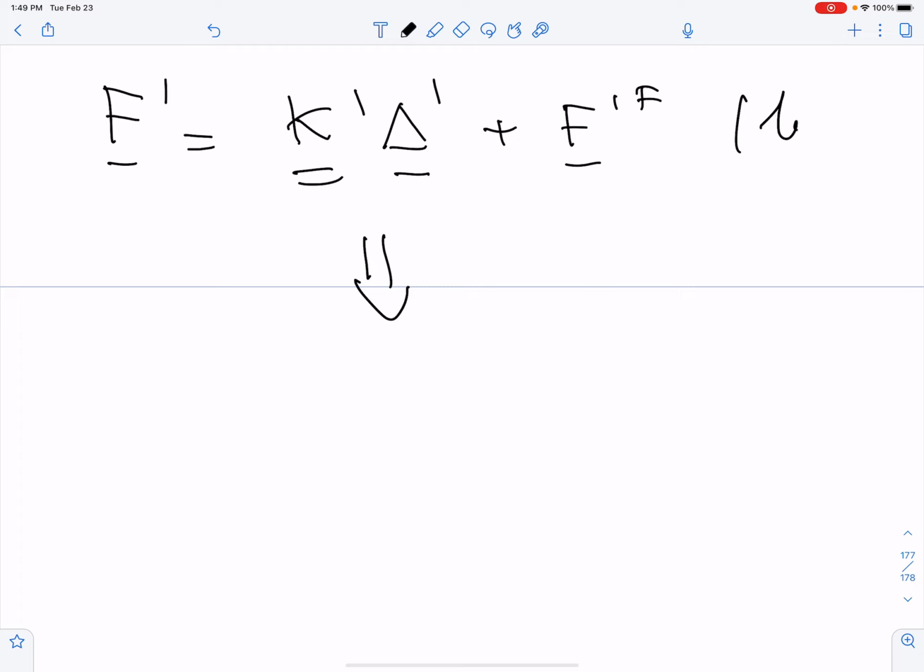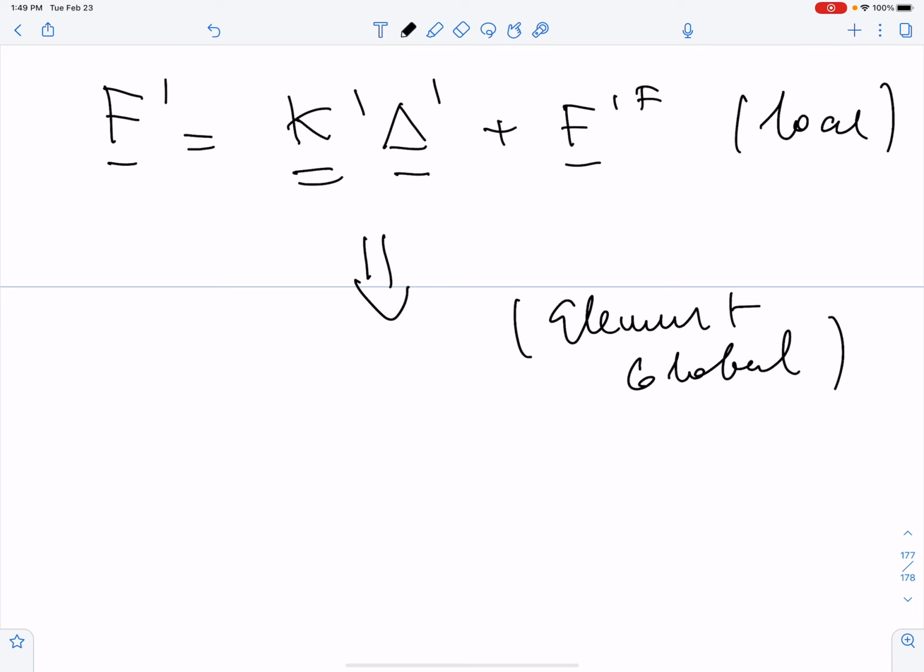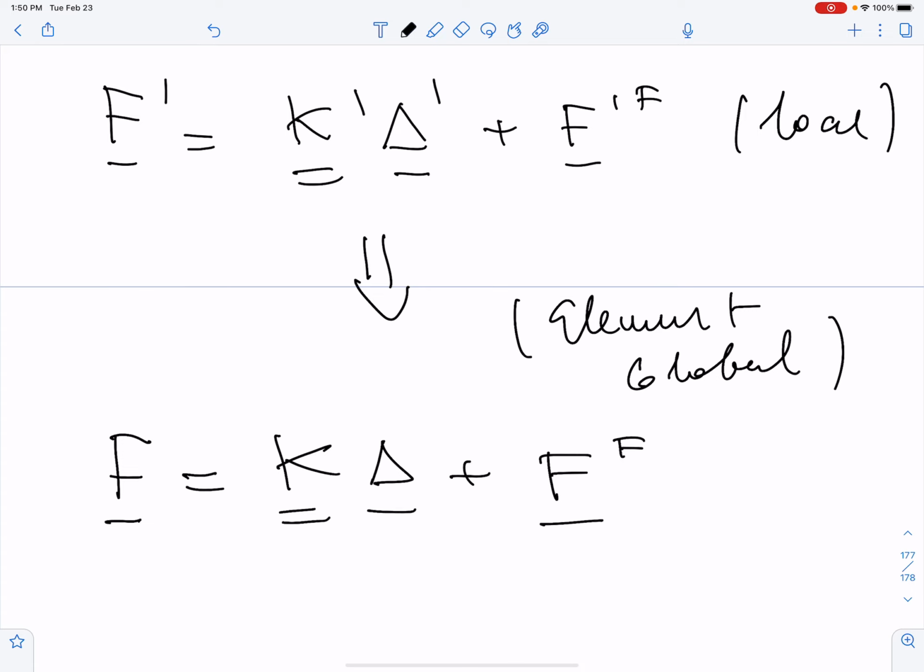The local, still element. Then the next step is the element global, where you replace F prime with F, K prime with K, delta prime with delta, plus FF. Okay? And we'll show you how to come up with that.